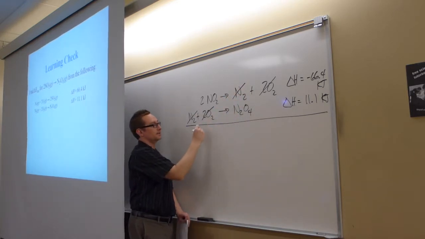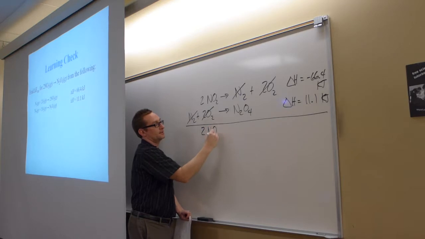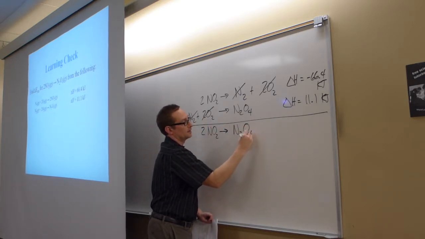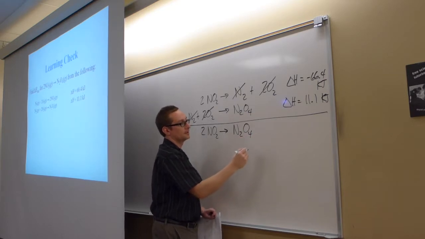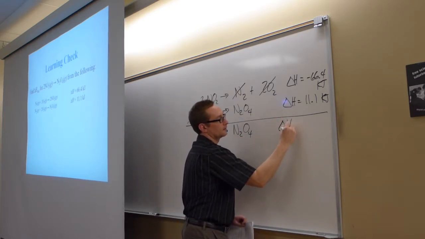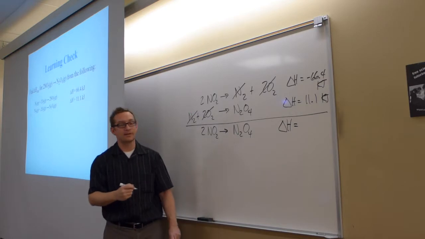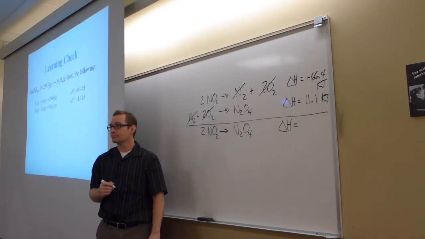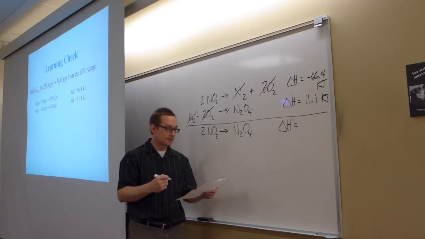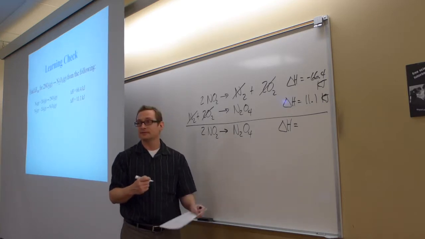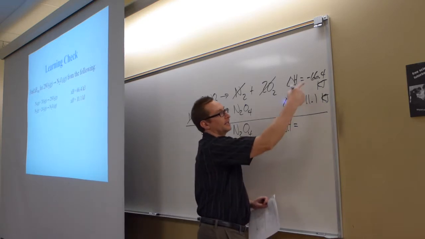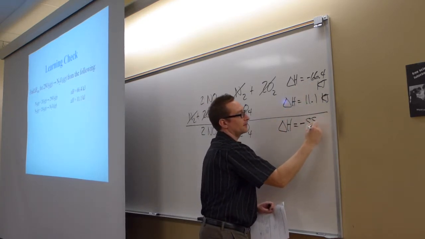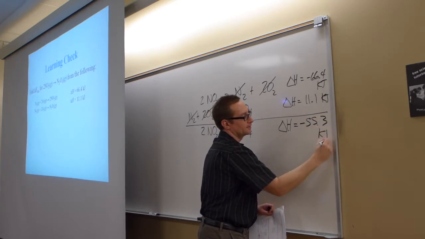And so what we end up getting is 2NO2 gives us N2O4. What is delta H for this reaction? Adding negative 66.4 to 11.1, you get negative 55.3 kilojoules.